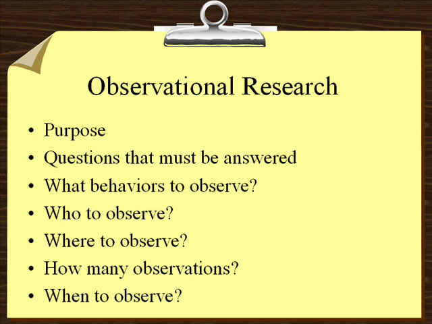Who are your subjects? Where will you observe the subjects? The book talks about two different settings: the natural setting, which would be in a classroom or a gym, or the unnatural setting, which would be like a lab. Obviously, the natural setting would be more like the real world, the actual place, and unnatural would be unlike the real world, but it gives you control of particular things within the study.